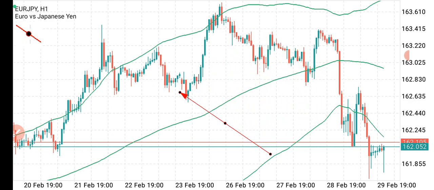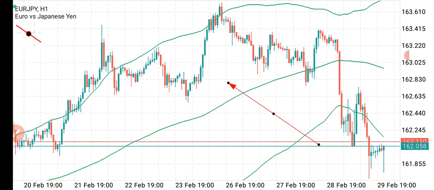So if you are not good at using structural points like the higher high and the lower lows, as the case may be, this can easily help you to identify the directional bias of the market. And when price is below the band, it simply signifies a downtrend.